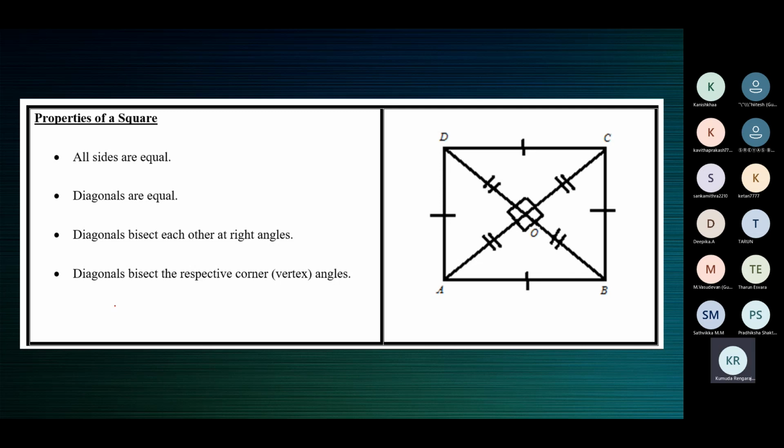Diagonals are equal in the case of a rectangle and a square. Diagonals bisect each other at right angles. Diagonals bisect the respective corner or the vertex angles.